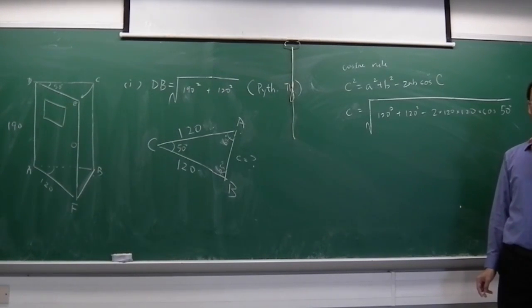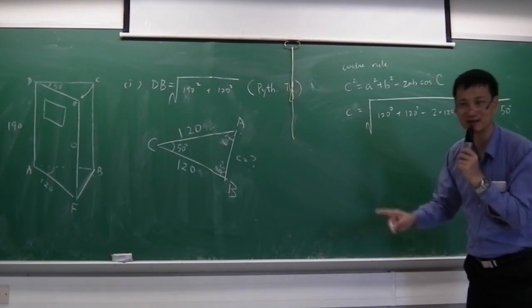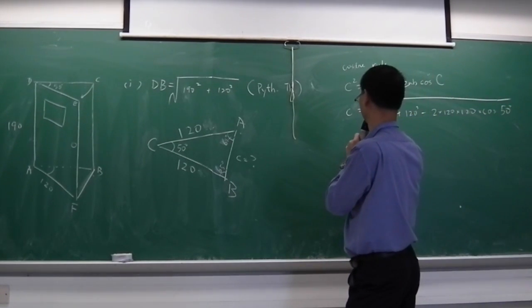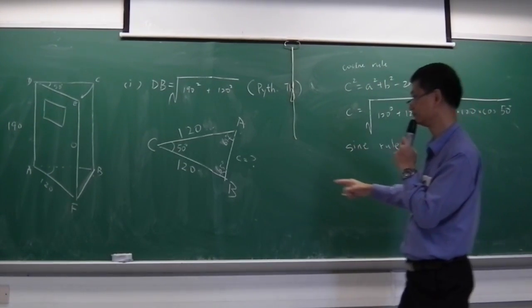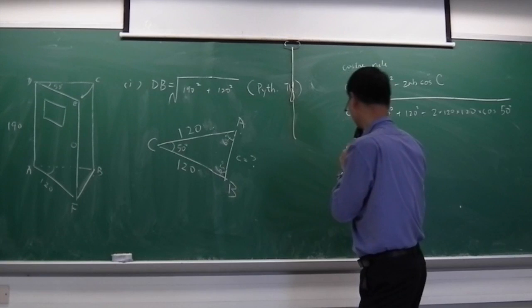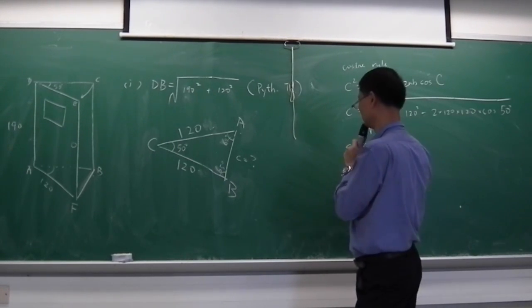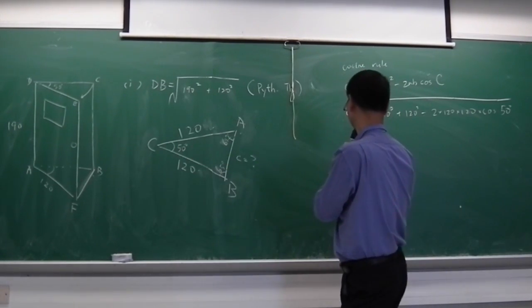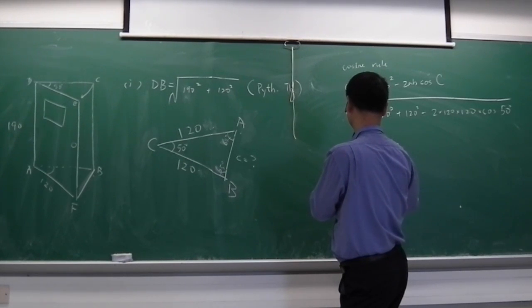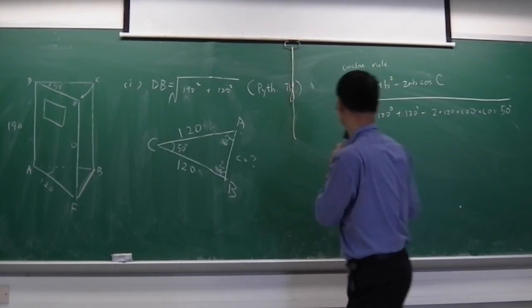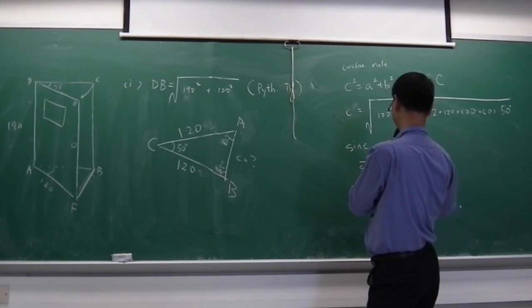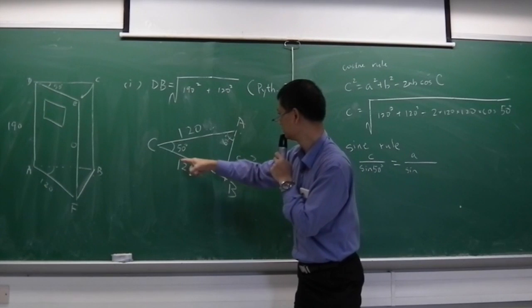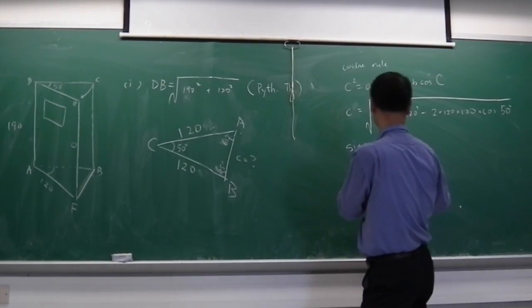Okay, by knowing the angle 65 degrees, we can use a simpler formula, the sine rule. We have C over sine 50 degrees equals A over sine 65 degrees.